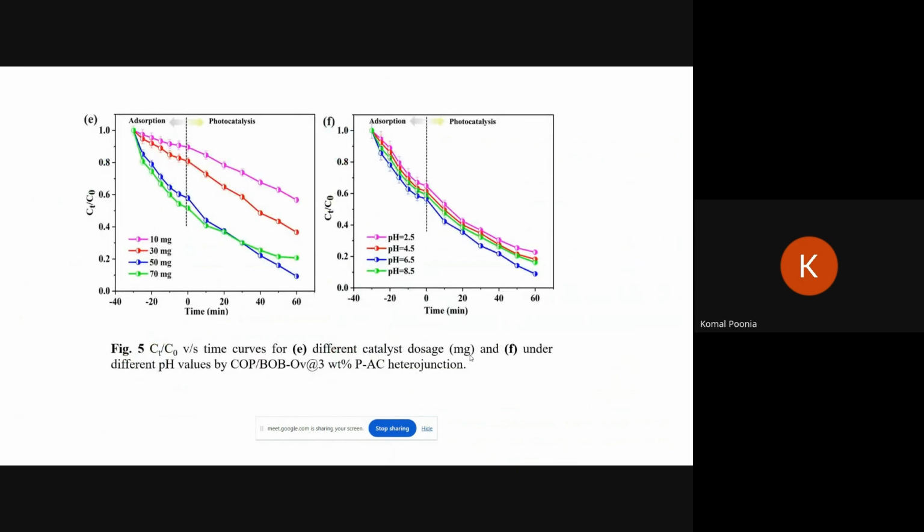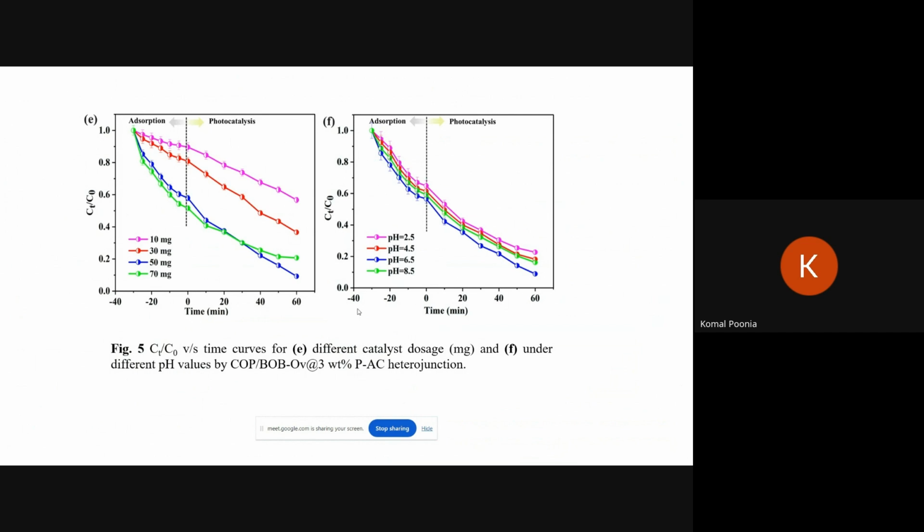Further, to calibrate the reaction conditions, we carried out the reaction with different catalyst dosages and under different pH values, which confirmed that 50 mg of catalyst dosage and 6.5 pH, which is almost normal pH, gave the highest degradation.